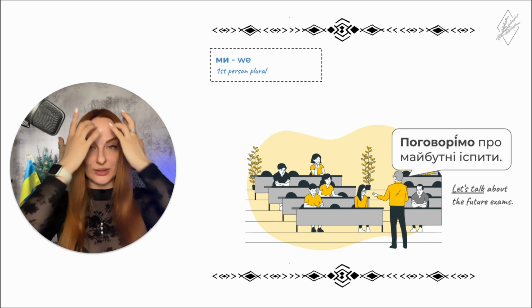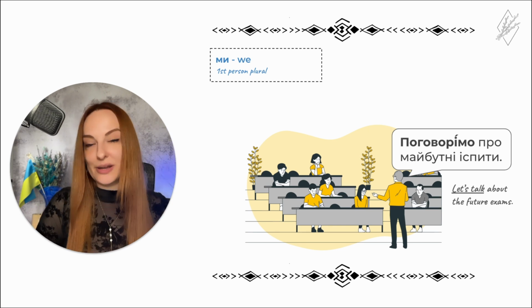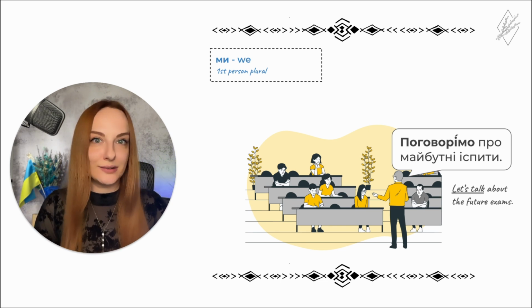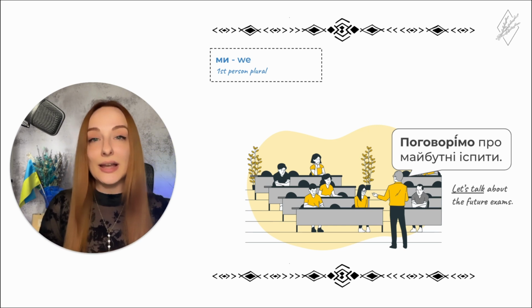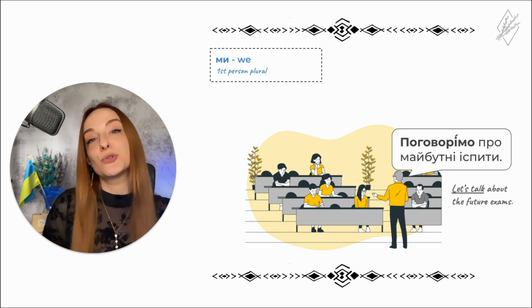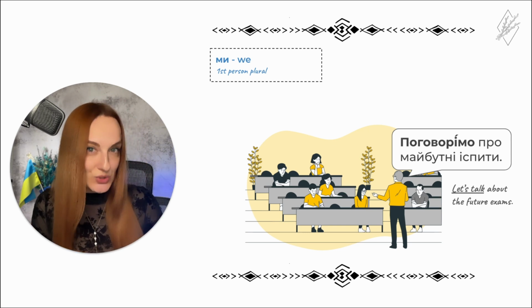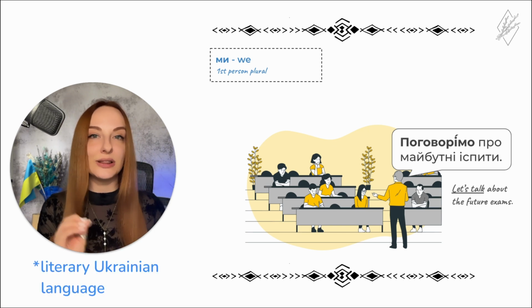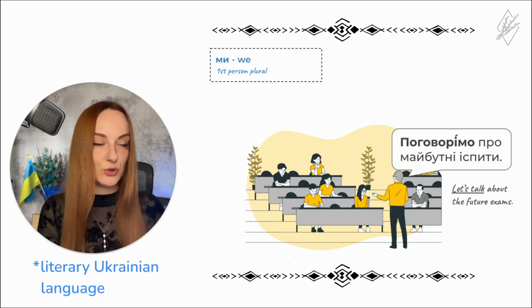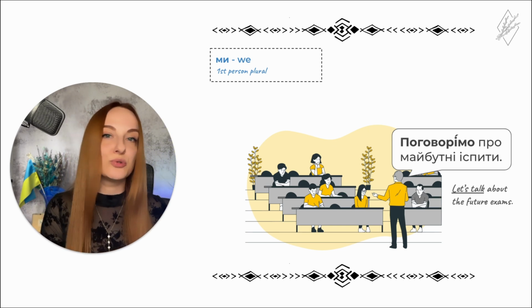Let's do it together. Now, quite often, if you visit Ukraine, you might hear another form. You might hear some person say, давайте поговоримо про щось. This is very popular and frequently used nowadays, but this form is not correct for the literary Ukrainian language, so it's kind of an impact of the Russian language on Ukrainian.